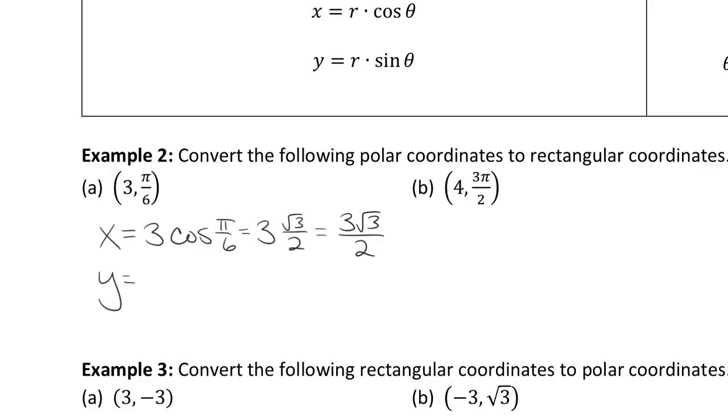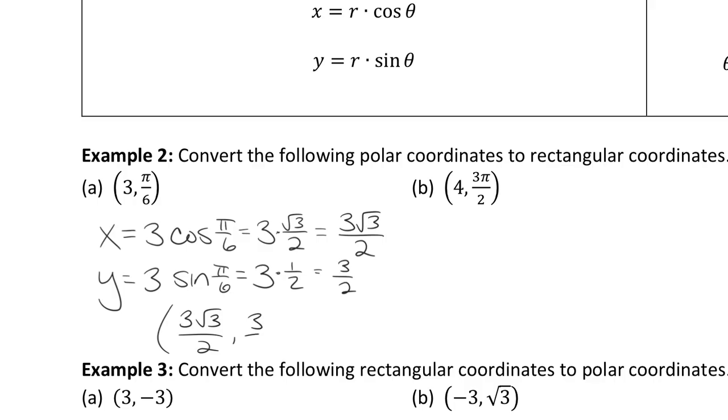To find the y-coordinate, we would do 3 times the sine of pi over 6. What is the sine of pi over 6? 1 over 2. Which means this is 3 over 2. My rectangular coordinate point is 3 square root 3 over 2, comma 3 over 2. I could plot this point on Desmos, and it would give me the same location as plotting the polar coordinate point 3 comma pi over 6. Which is pretty cool.